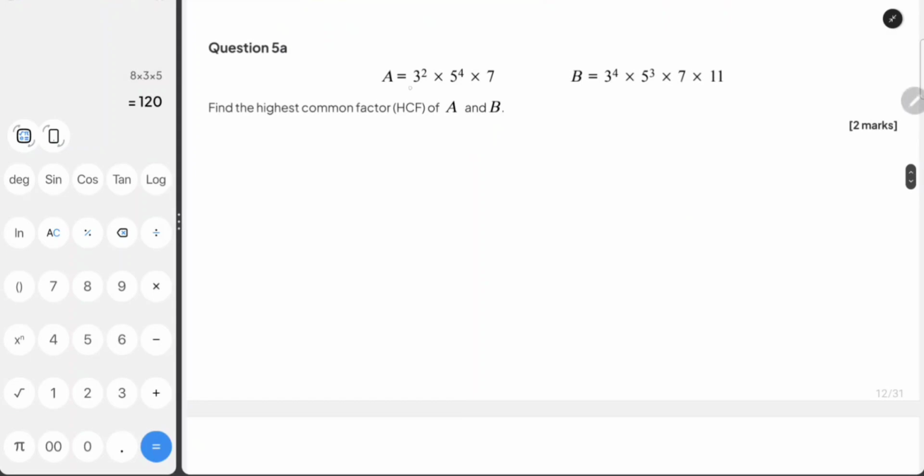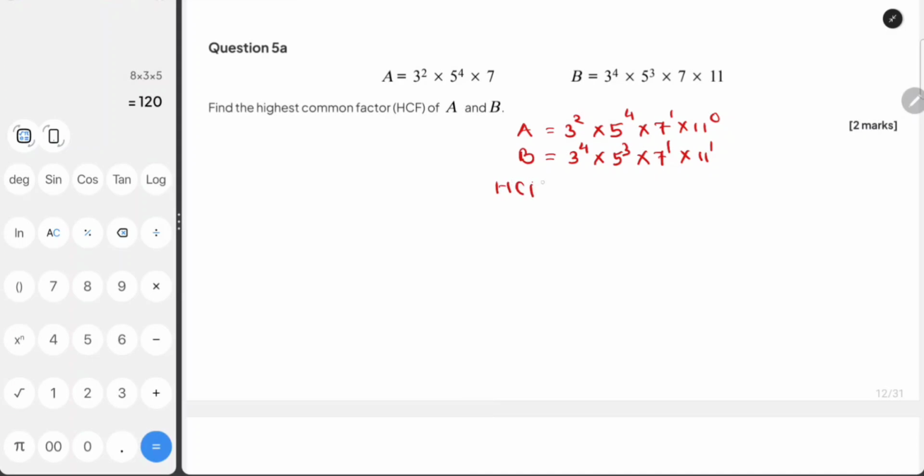A is given as a product of primes and B is also given as a product of primes, and we are supposed to find the HCF. In HCF we take the lowest power of each factor. So A is 5 raised to 4, 7 raised to 1, and there is no 11, so I can write 11 raised to 0. B is 3 raised to 4, 5 raised to 3, 7 raised to 1 and 11 raised to 1.